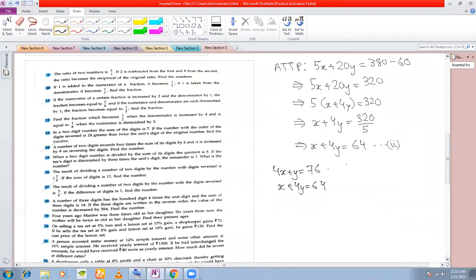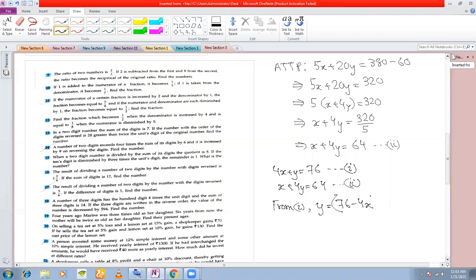In this case, I would prefer the substitution method because the coefficient of y in equation number 1 is 1, so it is easier to solve for y. So from 1, I can write y is equal to 76 minus 4x.